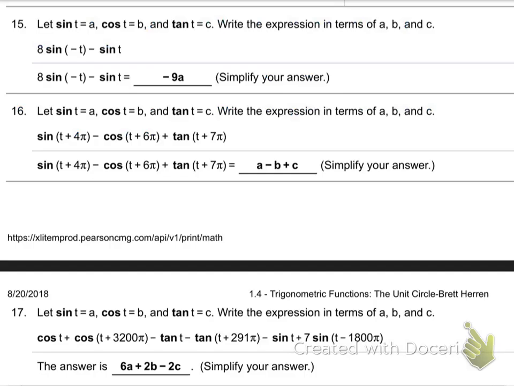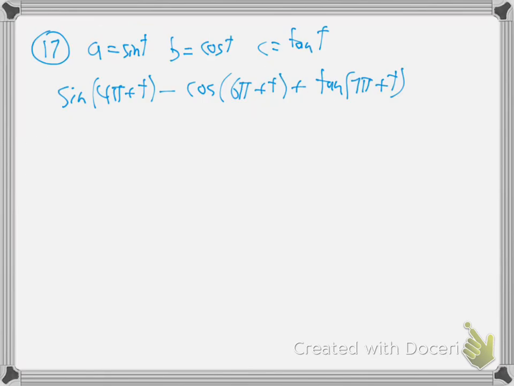I think, if I got that right. Wait, sorry, let me double check. Oh, is that 16? I didn't look at the number. So let me fix that. This is number 16. Okay, yeah. So first off, they're playing the naming game again. Sine is A, cosine is B, tangent is C.